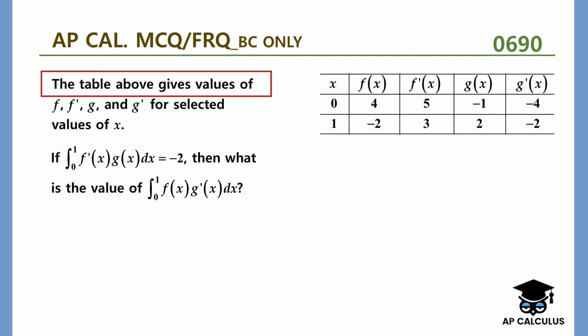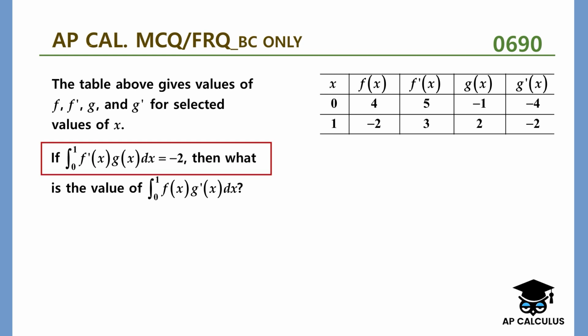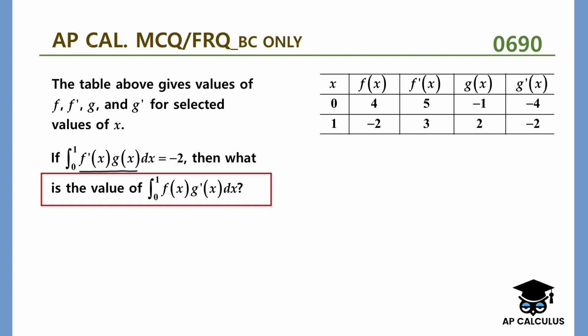The table above gives values of f, f prime, g, and g prime for selected values of x. If the definite integral of f prime g dx is equal to negative 2, then what is the value of the definite integral from 0 to 1 of f g prime x dx?